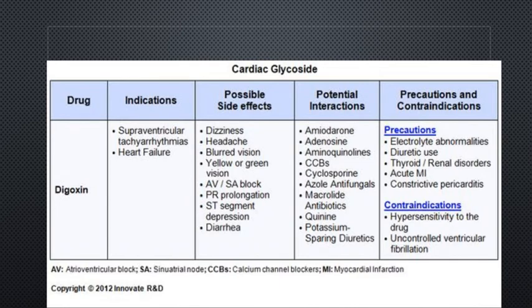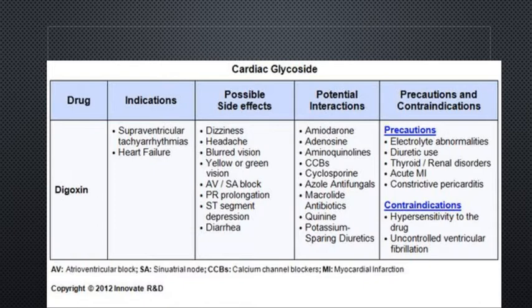Okay, so then we need to talk cardiac glycoside. And if you can think back from pharmacology, our good old friend digoxin. It is a med that is helpful in treating arrhythmias and heart failure. We use it specifically for atrial fibrillation or heart failure.